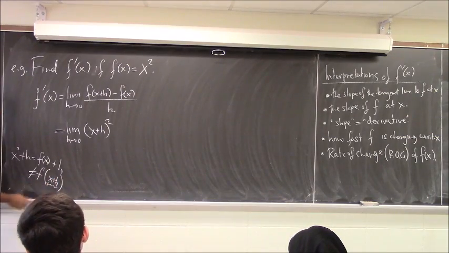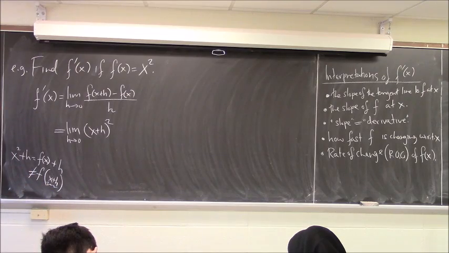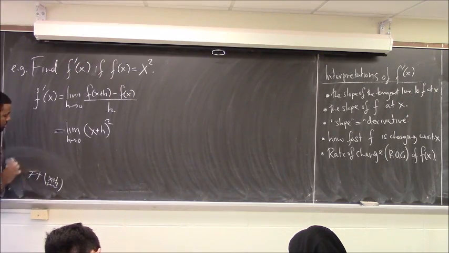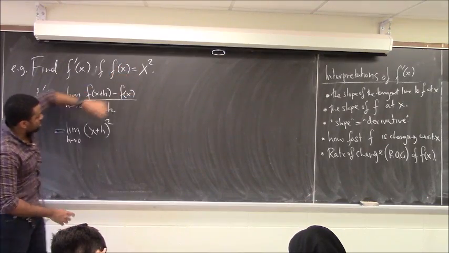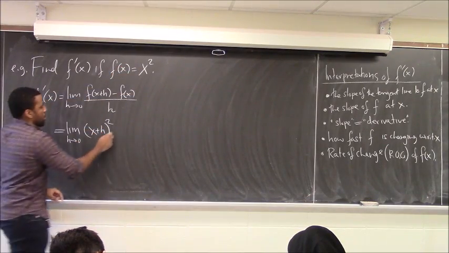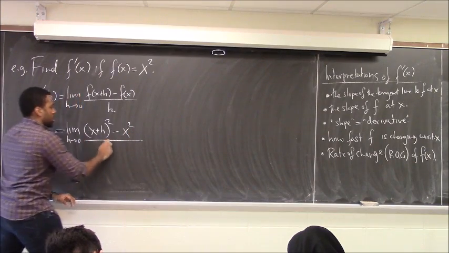Remember how functions work? Whatever is in the parentheses replaces all the x's in the formula. So you take x plus h, replace x with it, so you get x plus h all squared minus f of x, which is x squared, over h.